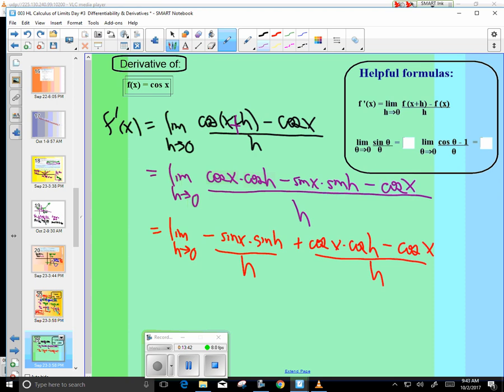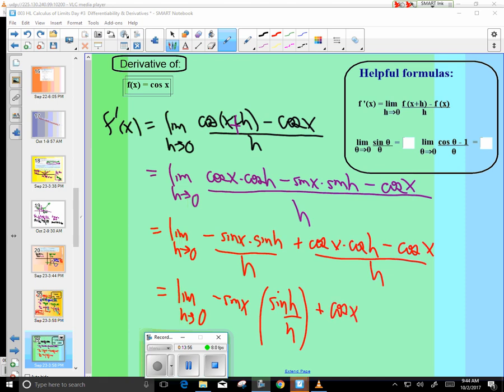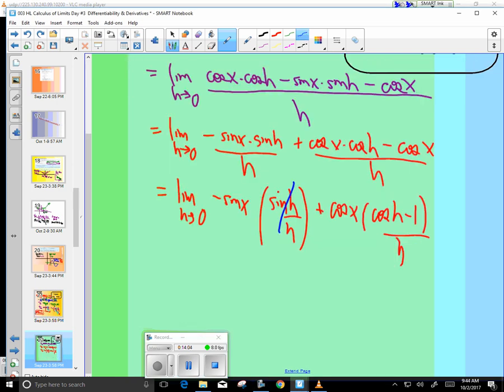Does that help you a little bit? So this is going to be the limit as h approaches 0 of negative sine x, put the sine h over h. Take out a cosine x. You get cosine h minus 1 over h. And of course, what does this go to? 1.